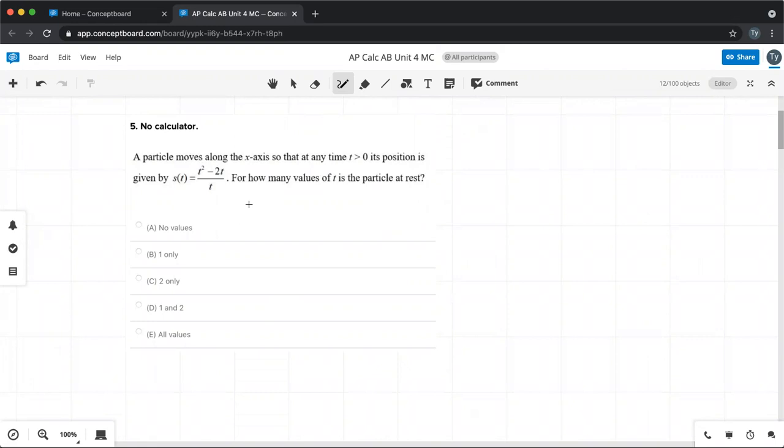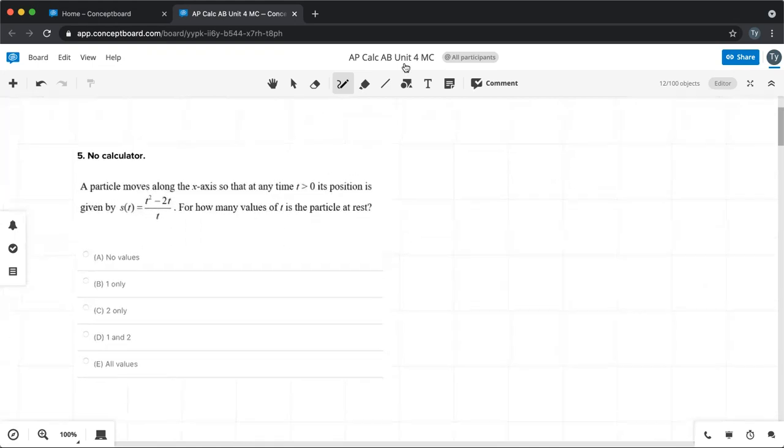So if a particle's position is given by s of t, how do we determine if the particle is at rest? Well, we need to look at its velocity. More specifically, when its velocity is 0, we know the particle is not moving, right? So we look at when the derivative of the position function is 0.